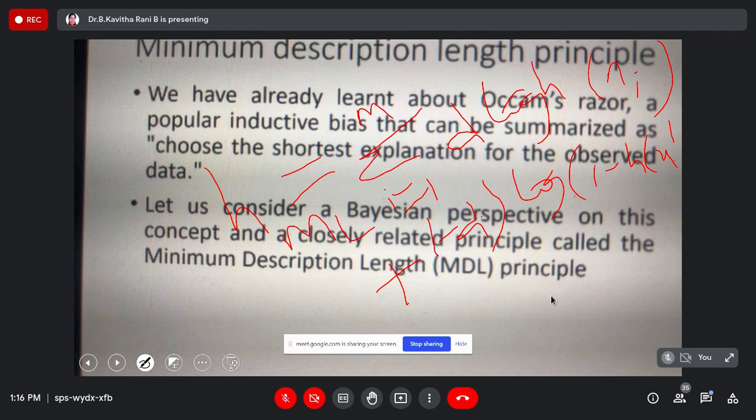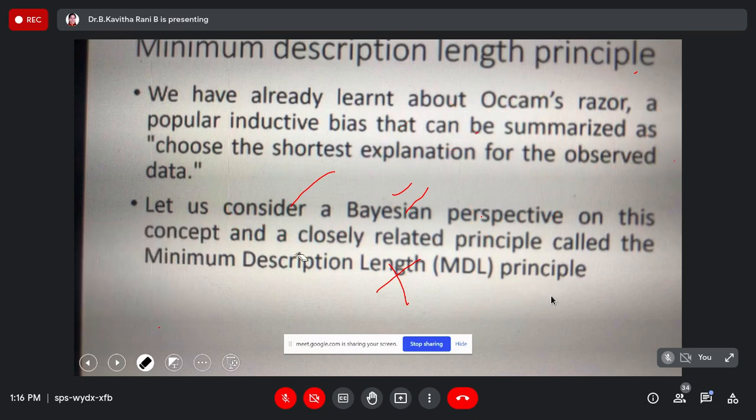Now we have to find the minimum description length of the hypothesis. I'll tell you how to find it.